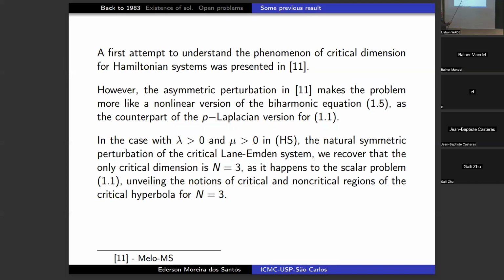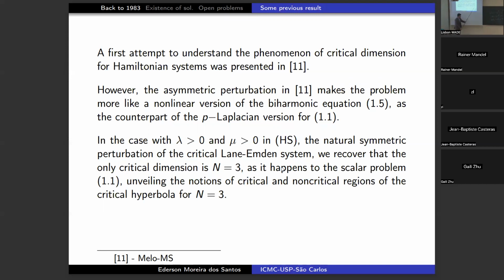In the case with lambda positive and mu positive, precisely the system that we consider here in this paper, which is the natural symmetric perturbation, we recover that the only critical dimension is n equals 3.